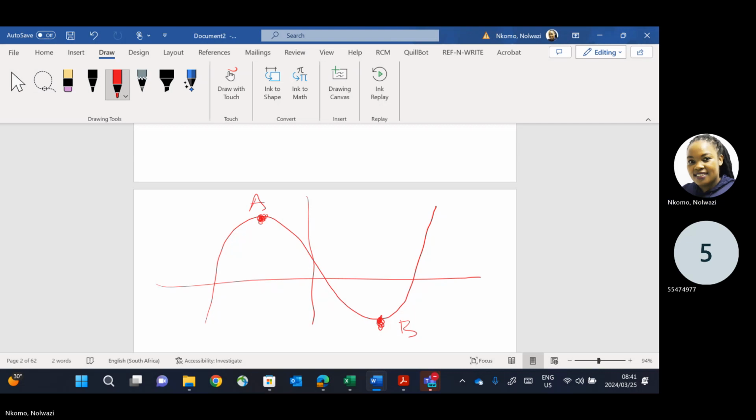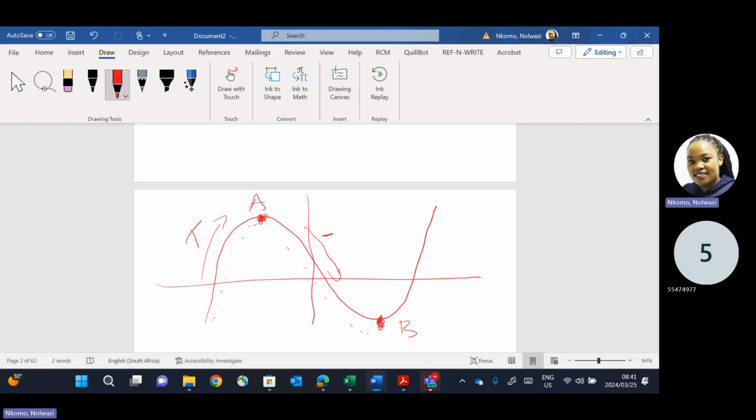Here the graph is increasing from this side up to A, so we'll say the graph is positive here, but from A to B the graph is decreasing, so we'll say the graph is negative. We call it B.